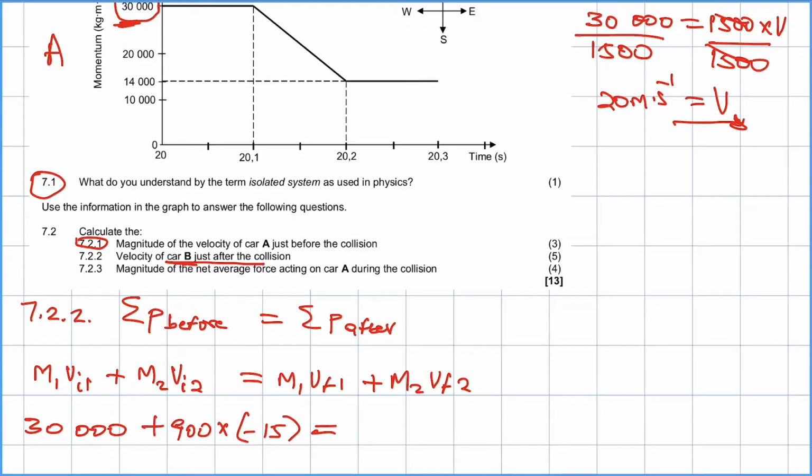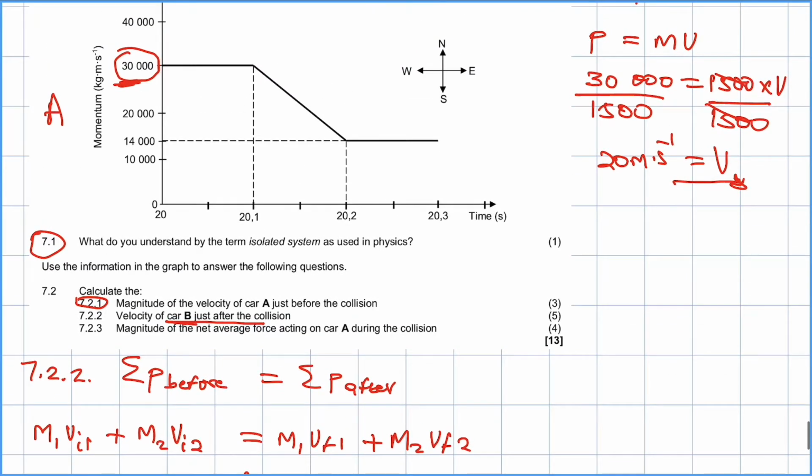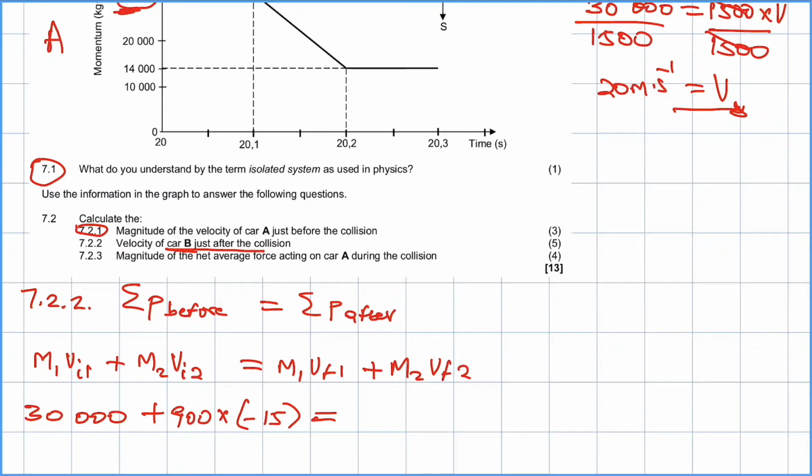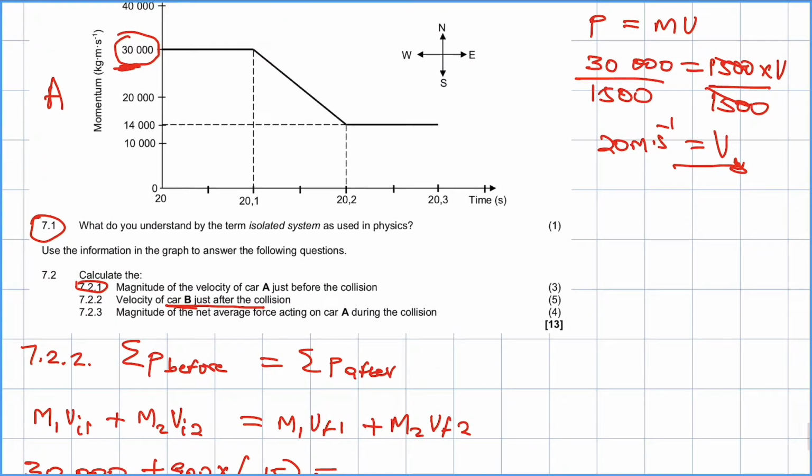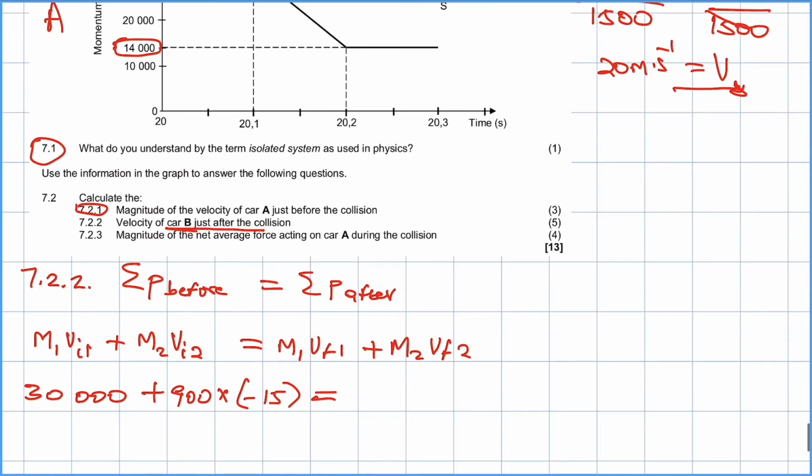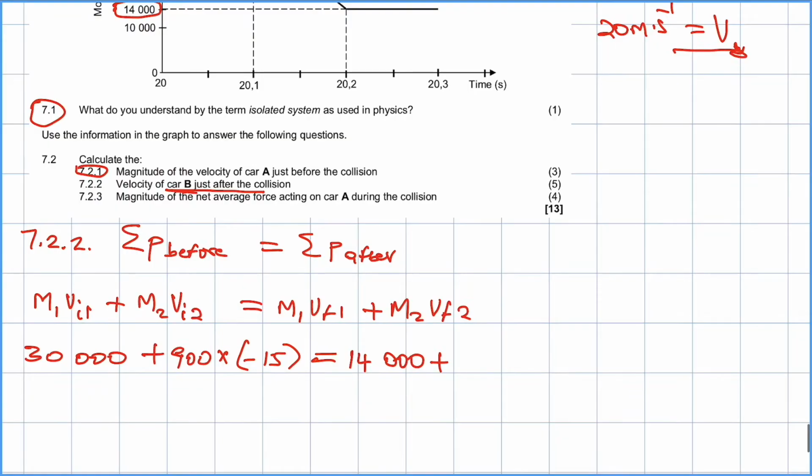That is equal to the final momentum of car A, which we already know is 14,000 kg meters per second, plus 900 times the vf of car B.